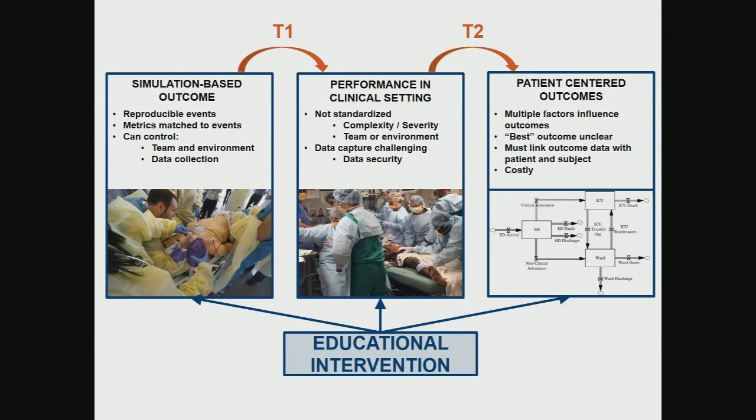Those kinds of T2 translations become really difficult because we haven't really gotten good at defining what the right outcome is, how we're going to measure it, and how we account for the variability. And it's expensive. It's really expensive when you think about some of these clinical trials that cost $14 million. That becomes a big challenge.